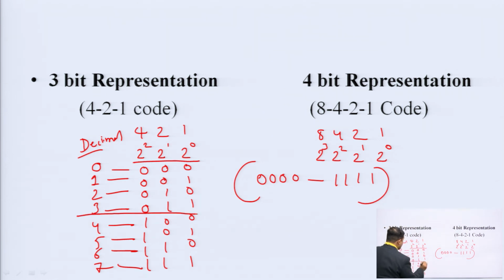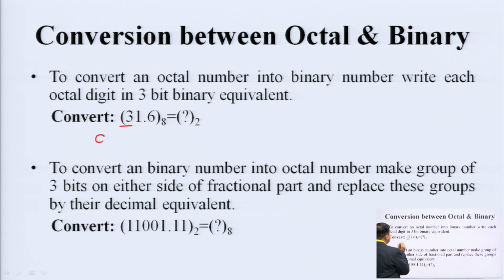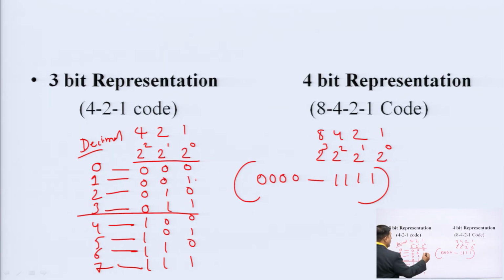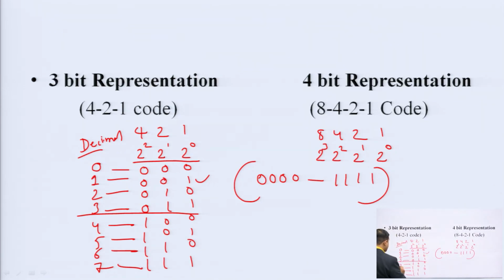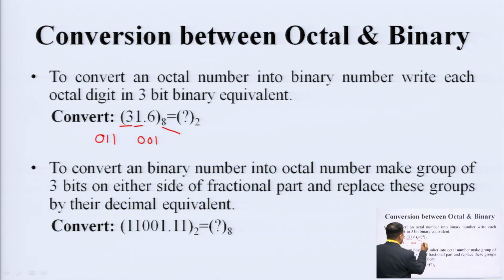So 3 is 011. Like that, 3 is 011, 1 you can check is 001, so we will write 001, and 6 you can check is 110, so we will write 110.